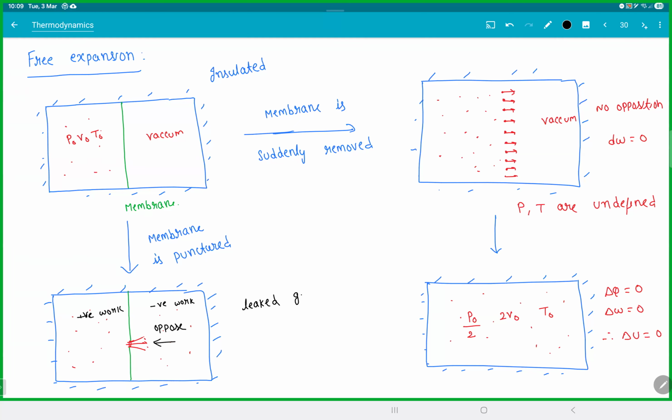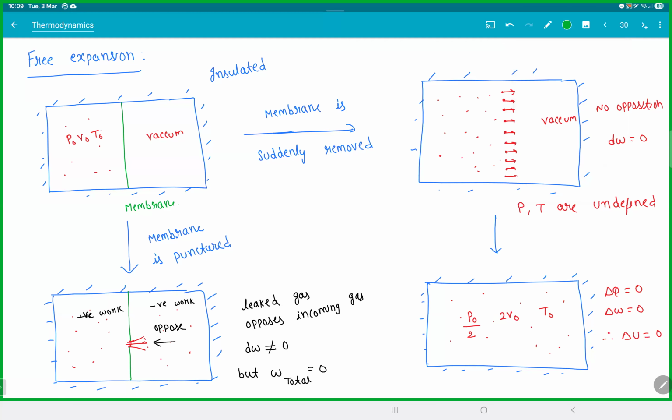The total money, the net change, is zero. So leaked gas opposes incoming gas. So dW is not zero, but the total work done is zero. So that's the difference between both of them.